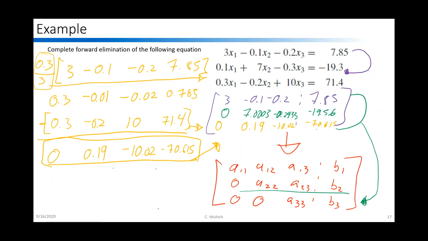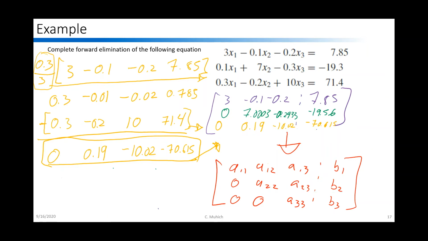I haven't changed the values, I'm just multiplying and then adding and subtracting. You'll see, now that I have this, that I'm getting quite close.